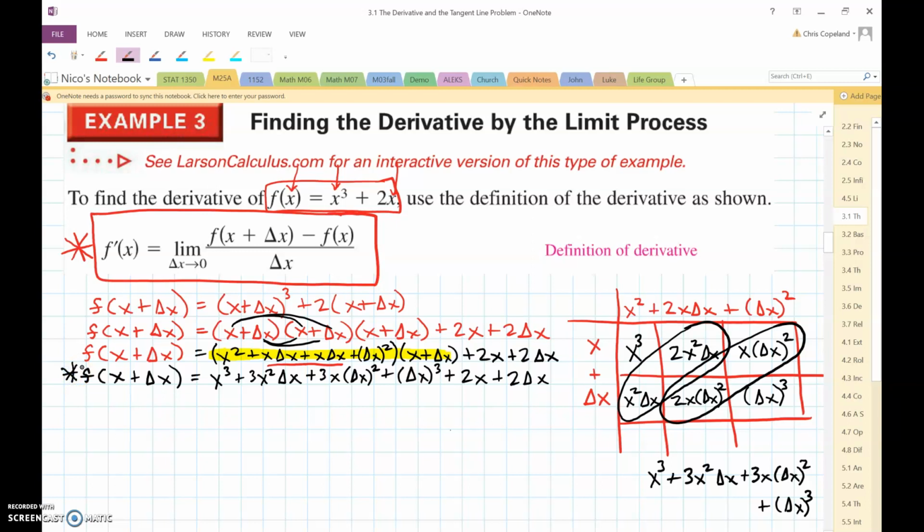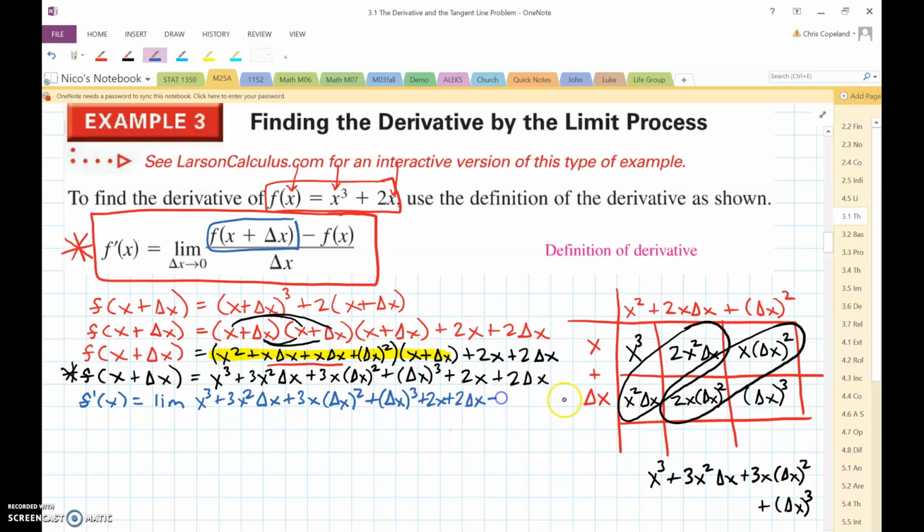Now I'm ready to use this definition here. So f prime of x is equal to the limit of this f of x plus delta x. I'm going to substitute that with this whole thing that I've written out here. So this would be x cubed plus 3x squared delta x plus 3x delta x squared plus delta x cubed plus 2x plus 2 delta x.